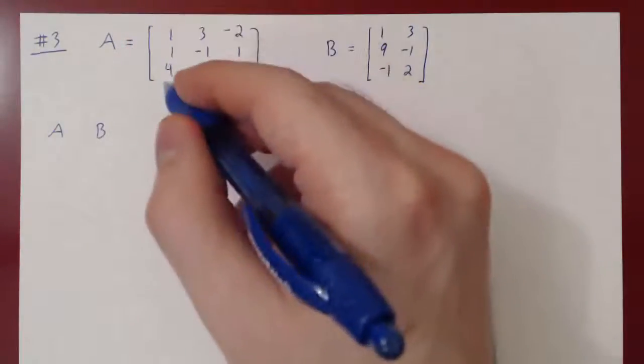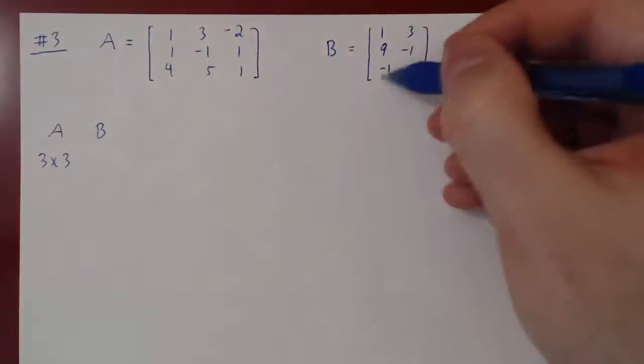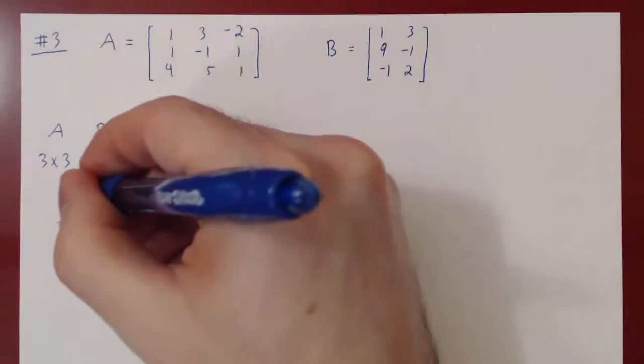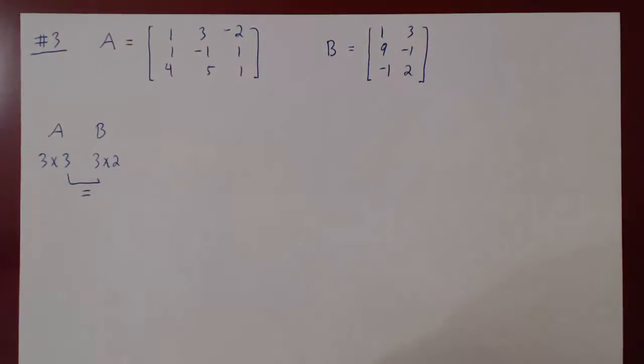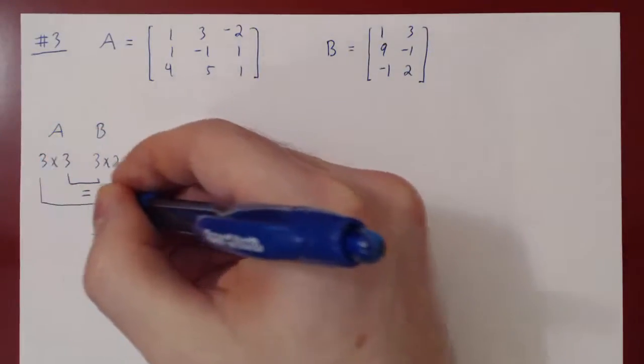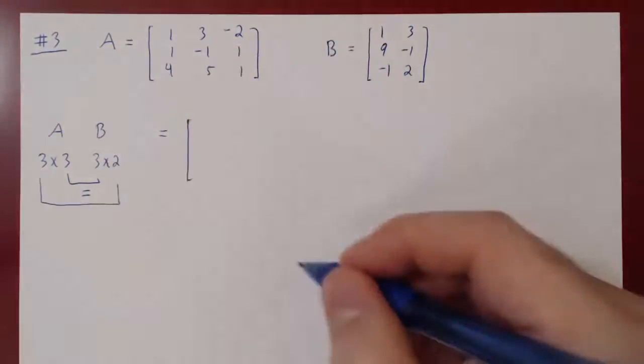Well, A, as we've said, is a 3 by 3 matrix. B is a 3 by 2 matrix. 3 equals 3, so we can multiply A times B, and the new matrix will be a 3 by 2 matrix. Let's perform our multiplication.